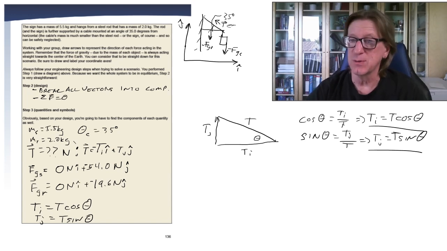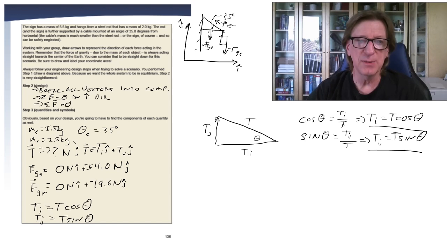Sum of the forces is 0. That means they're in equilibrium. There's no acceleration acting on that. So we need that in the i-hat direction. And if it's going to be in equilibrium totally, we are going to need that to be in the j-hat direction as well. And they have to be independent.